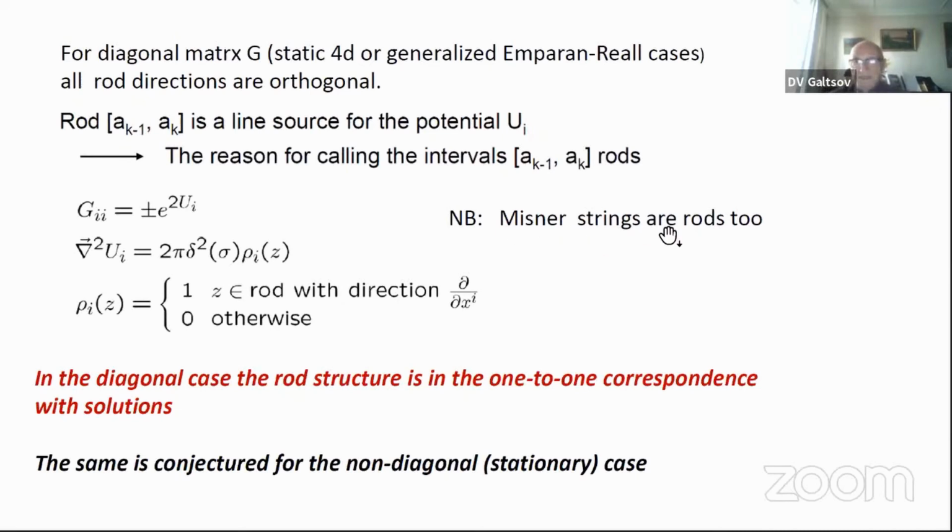First, Misner strings are there, and struts supporting different sources in aligned multi-black hole solutions are also there. It is believed that the structure of rods, so their turning points and directions, is in one-to-one correspondence with the solutions we are looking for, asymptotically flat or asymptotically locally flat solutions with defects.